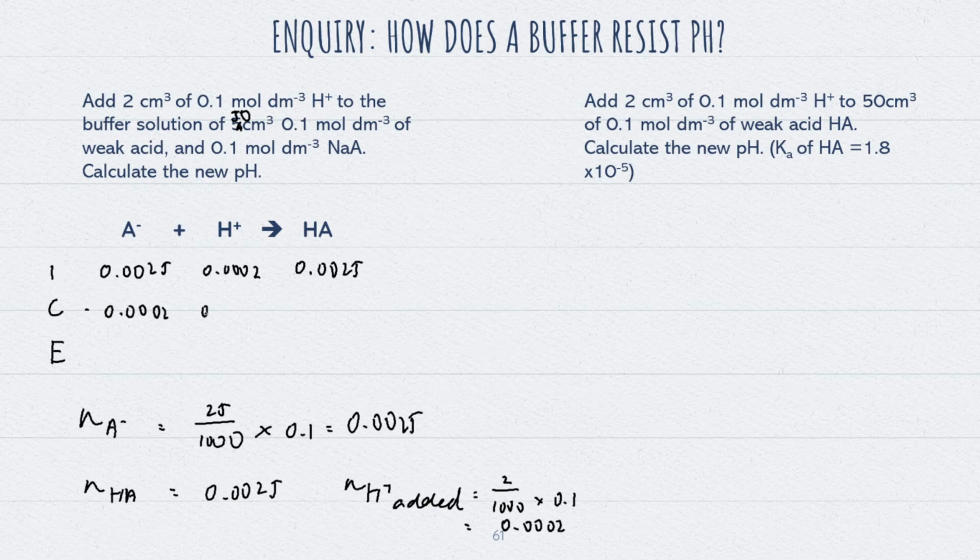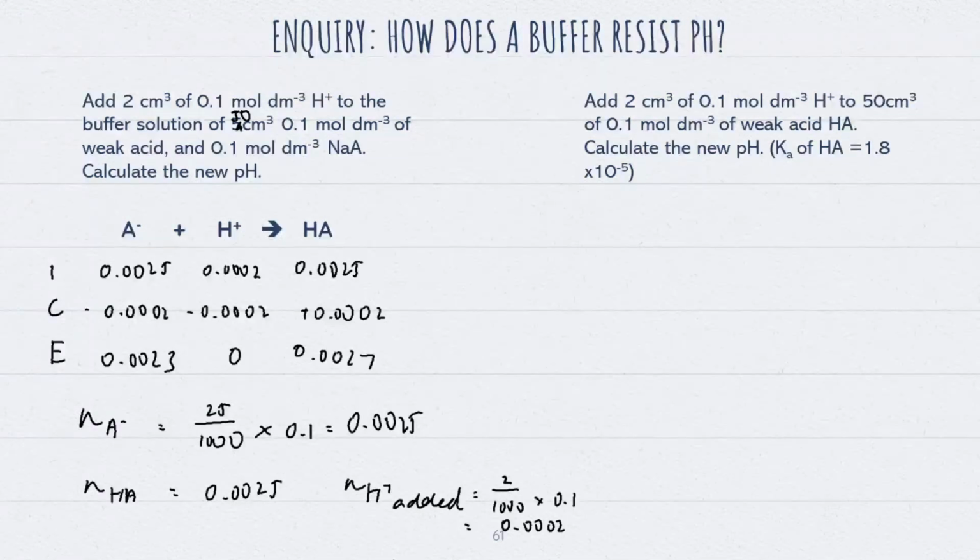That's why a small portion of your conjugate base gets reacted away, while your HA is formed. So your HA will gain 0.002, and at the end of the day you won't have any acid left in the solution, because that's the buffering property of a buffer solution. And now our new values are 0.0027, 0.0023. We'll continue this on the next slide.